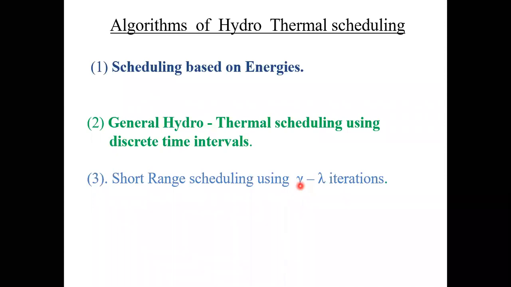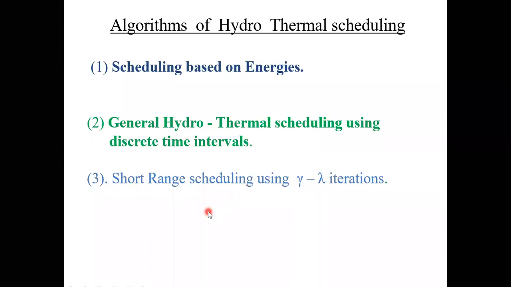So this gamma is used to convert the water inflow into an incremental fuel cost. Gamma is related to the hydro power plant, and lambda is related to the thermal power plant. By using these iterations, we can solve short range scheduling.